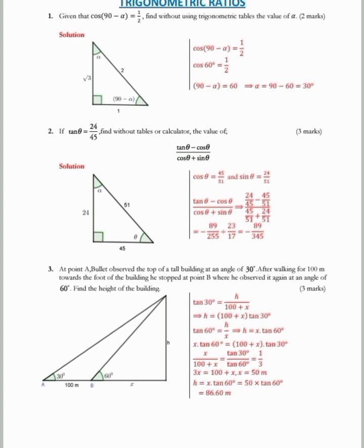So this here is the answer for the numerator, and this is the answer for the denominator when you solve the fraction here. So if you divide the two, it will give us minus 89/345.